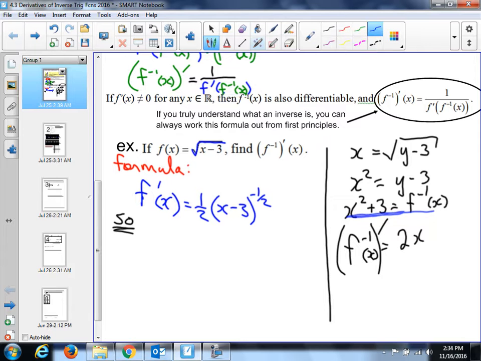Let's see what that is. f prime of the inverse of x is equal to 1/2 times x squared plus 3 minus 3, to the negative 1/2. We put that in for the x here, right? It's confusing because you put an x squared kind of expression in for the x.